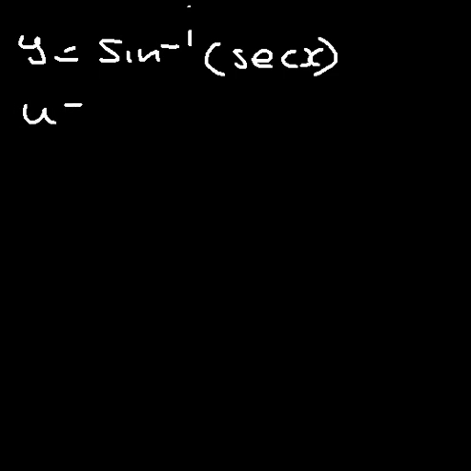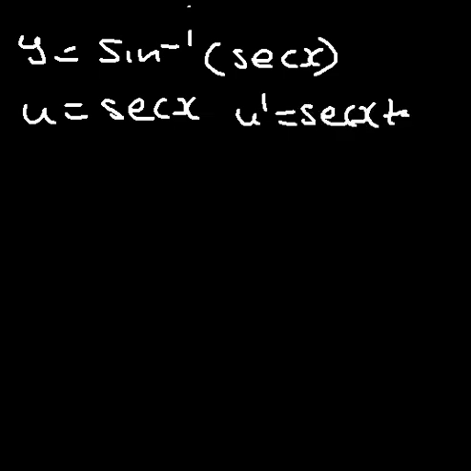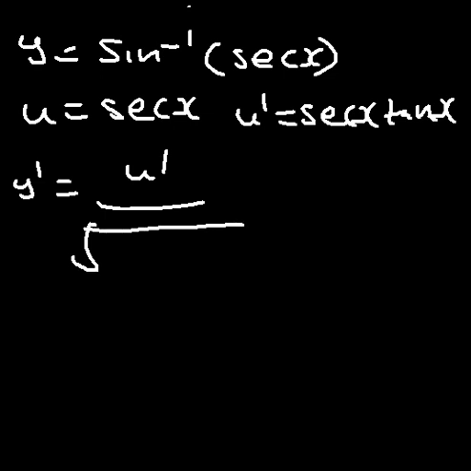What is the inner function given as u? We have it as sec x. And what is the u prime? We have it as sec x times tan x. That's the derivative of sec x. Now what is the differentiation key for the sine inverse? We have it as u prime over the square root of 1 minus u square.